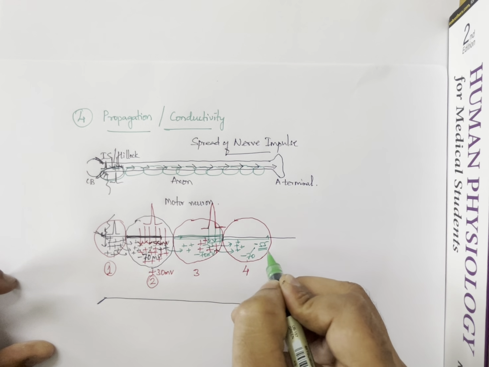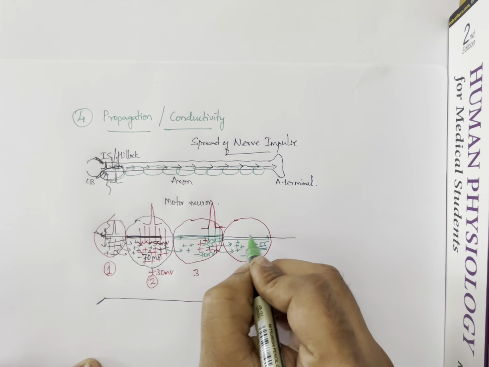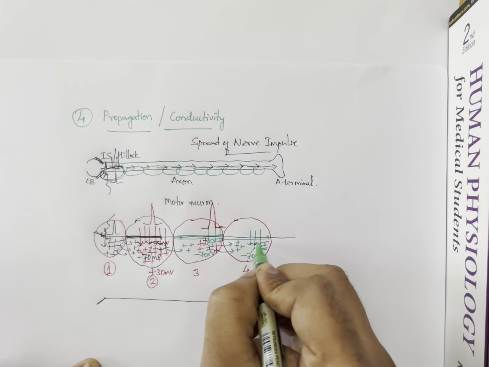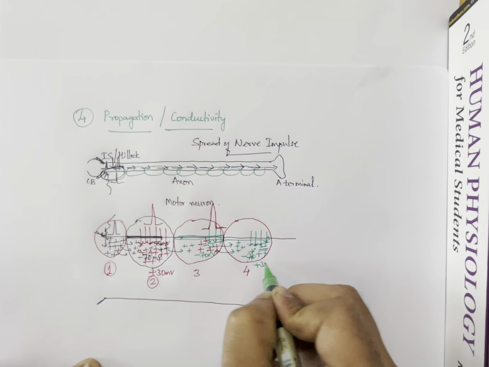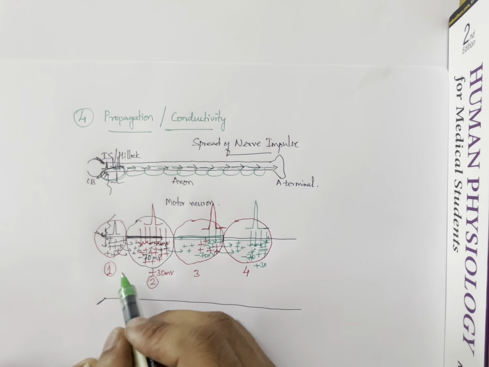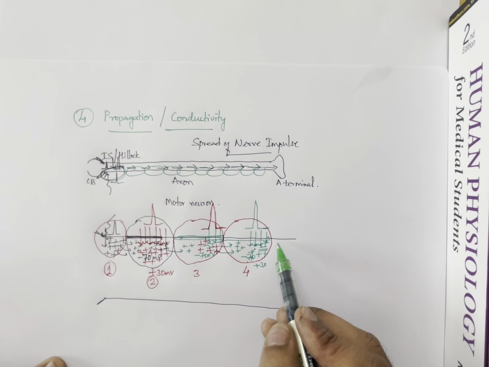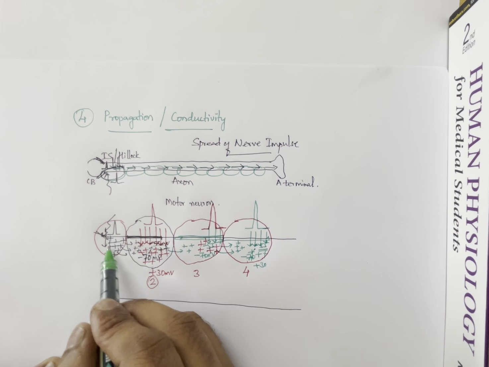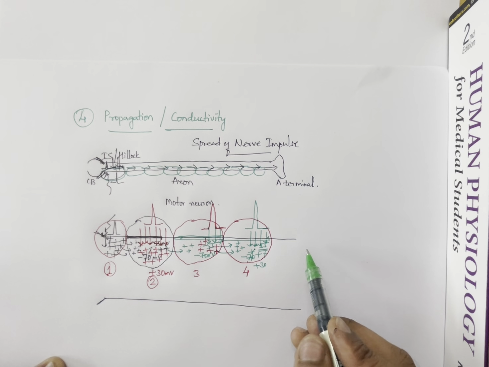And once at minus 55 millivolt, what happens? There is activation of voltage gated sodium ion channels and rapid flooding of more and more positive charge, and it will become plus 30 here, and action potential is generated in this region. So this is how from one end of the axon to the axon terminal, the other end, the action potential or the electrical signals are propagating.